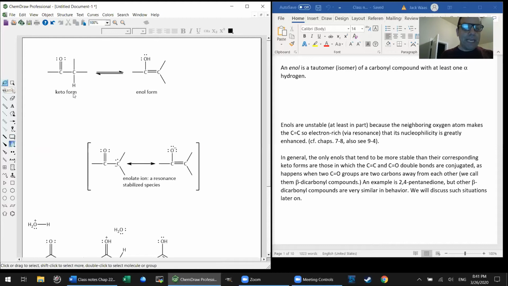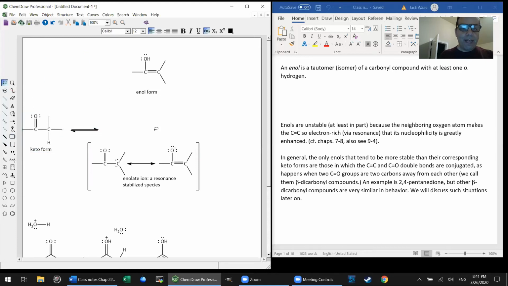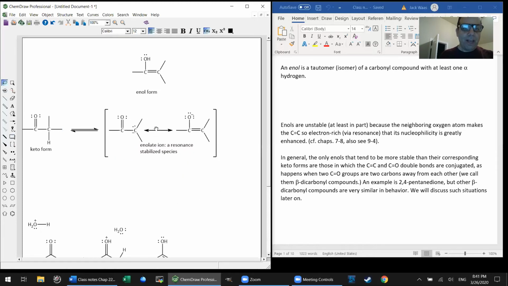There will be an equilibrium between the keto form and the enolate ion. In other words, going from the keto form to the enolate involves removing the proton, namely that proton.